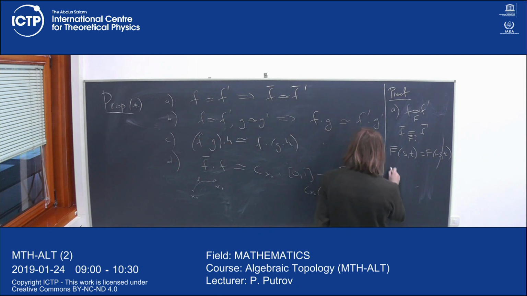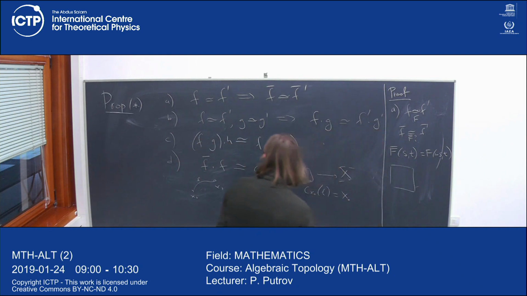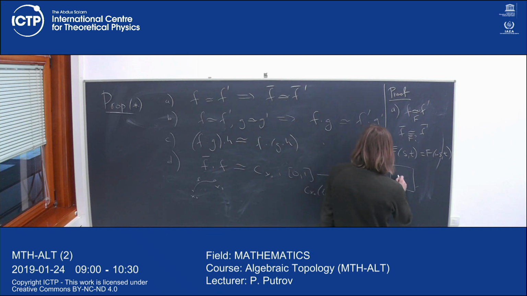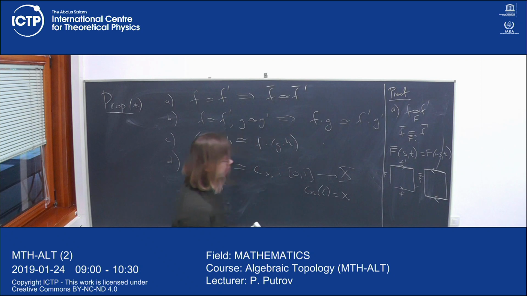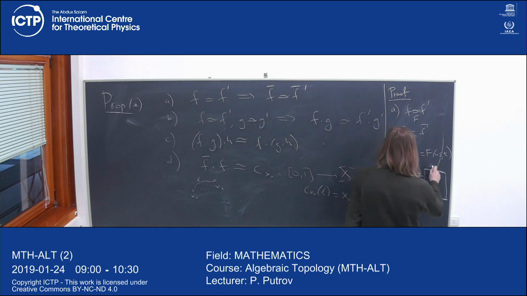If I use this diagram to show it, my F here was by this F, so F prime is F bar. It can be depicted like this, and we just invert the direction of paths.